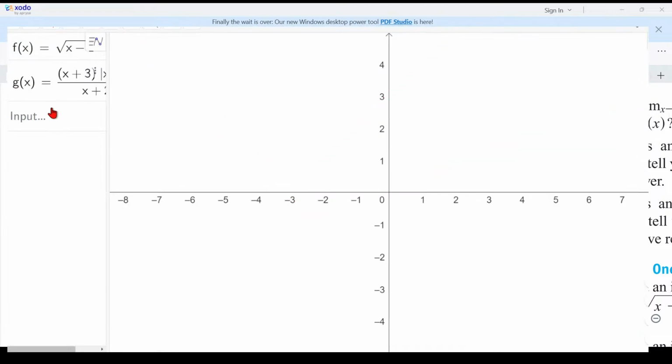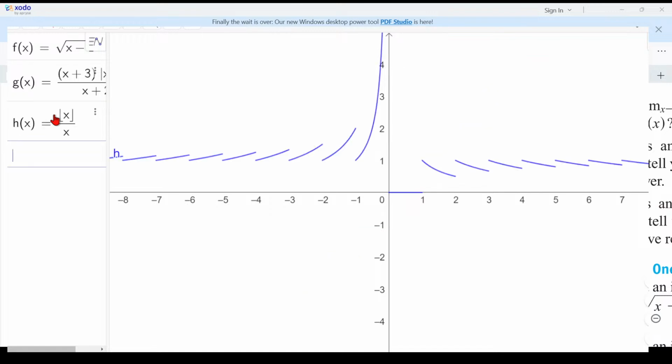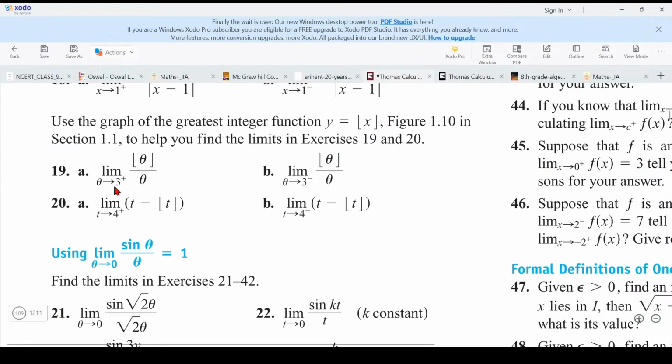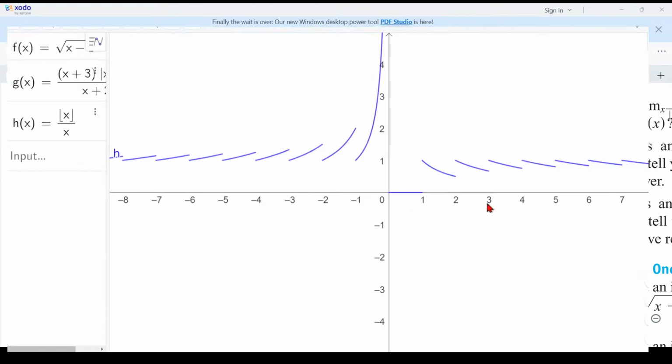Okay. So let us now look at the graphs also of this. We have got step of x by x. And at what value? At 3. What is happening at 3? One side you are approaching 2 by 3, another side you are approaching 1. 2 by 3 is 0.667 something, right? When approaching from the right hand side, you are approaching 1.